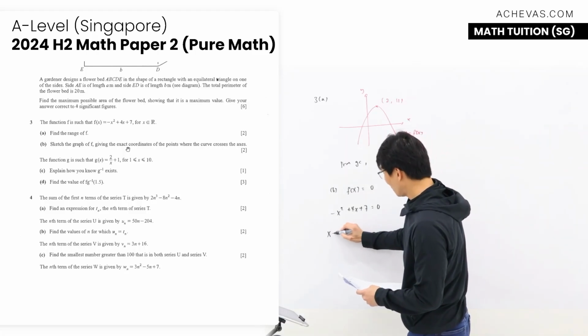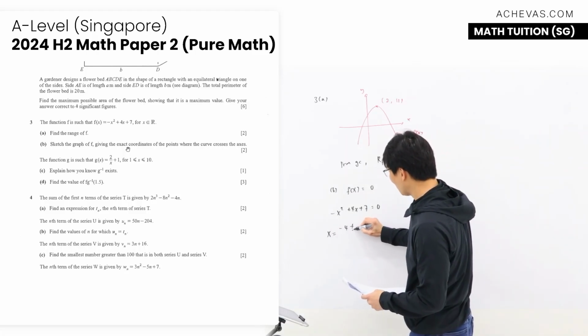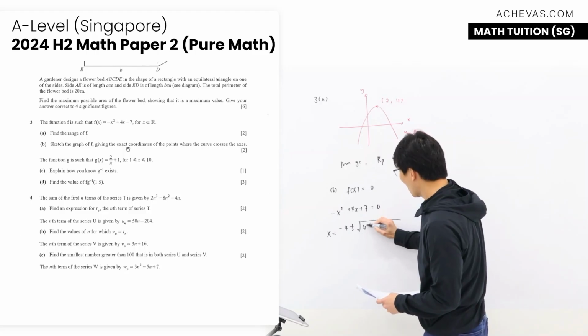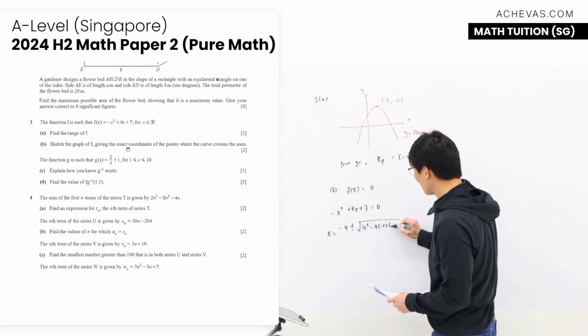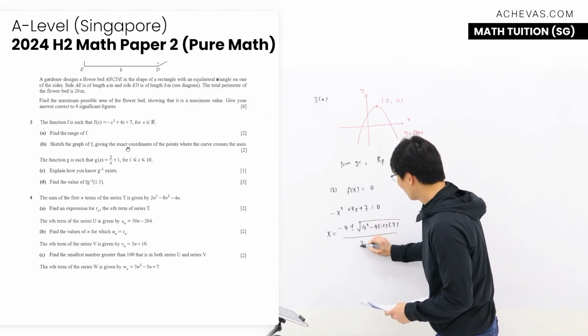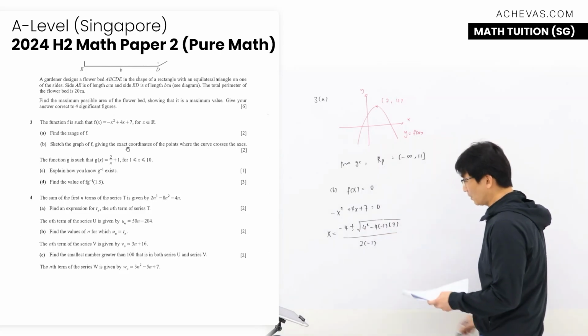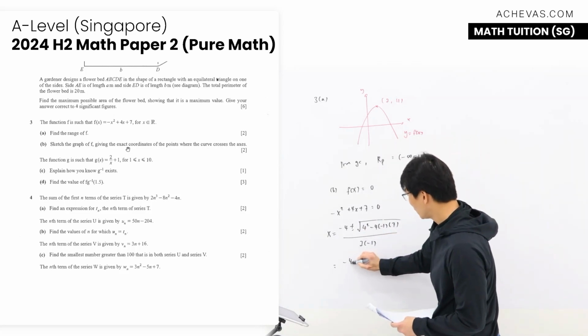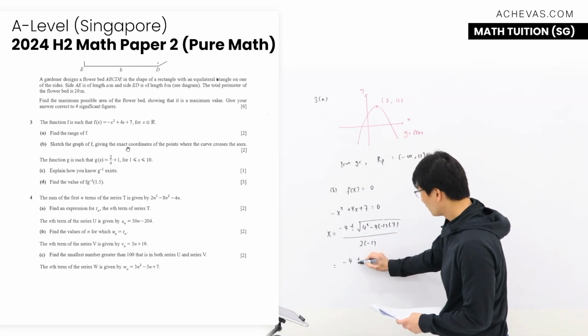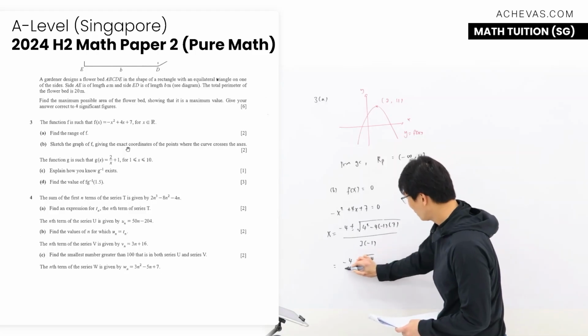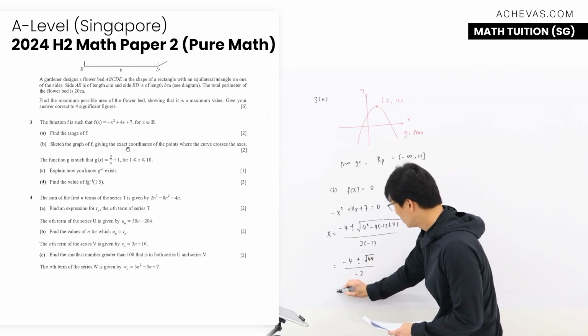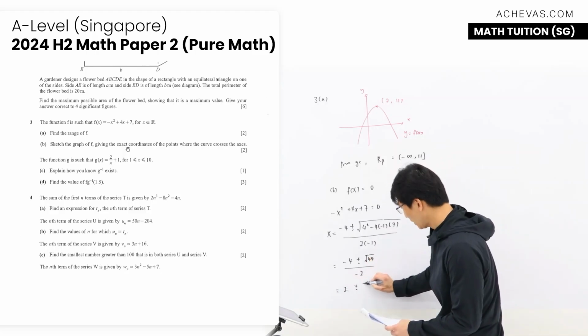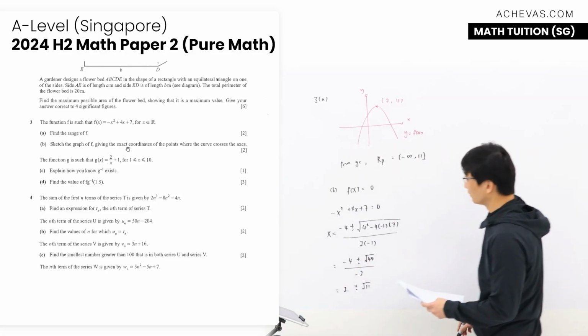I'm going to use x equals minus b plus minus square root of b squared minus 4ac, over 2a. Let's do a bit of simplification. We get minus 4 plus minus square root 44 over minus 2. Therefore, we have 2 plus minus square root 11.